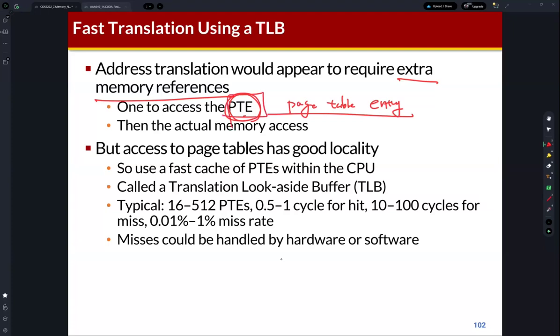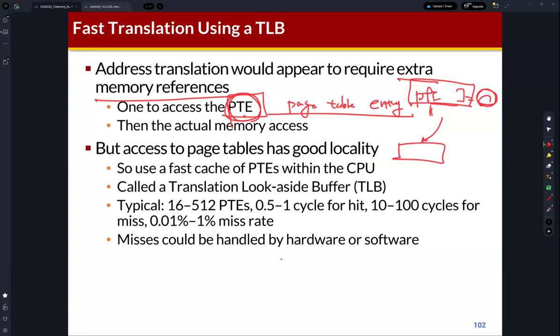I mentioned that this is the page table, and some entries can be cached in a CPU. Like this data can be cached.